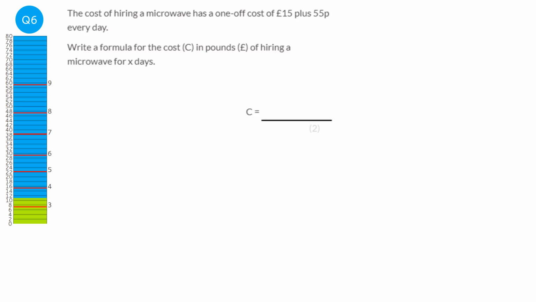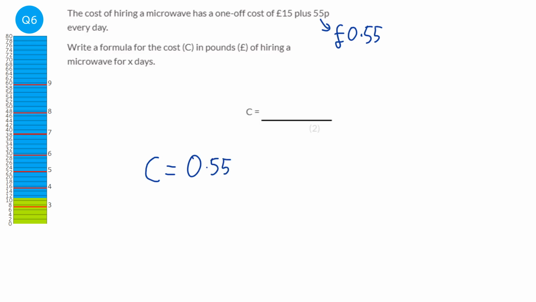So we're looking to write a formula for the cost in pounds of hiring a microwave for X amount of days. So the cost is C, so it's going to be C equals, and it says it's going to be 55 pence a day. Now it wants the answer in pounds, so we need to convert this 55 pence into pounds. So that's going to be 0.55, and it's going to be 0.55 times the amount of days.